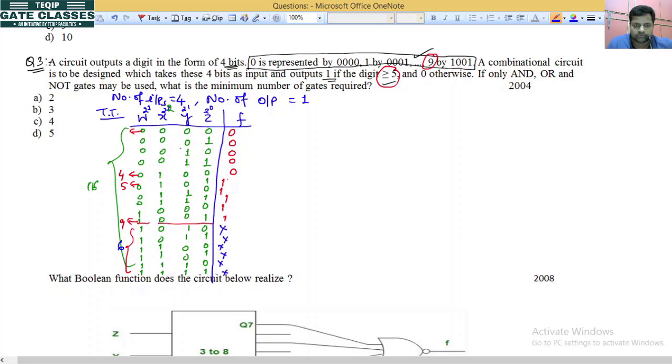So what will be the function for this? I am going to make a 4 variable K-map. Then we will write the simplified function directly. So I have this 4 variable K-map.